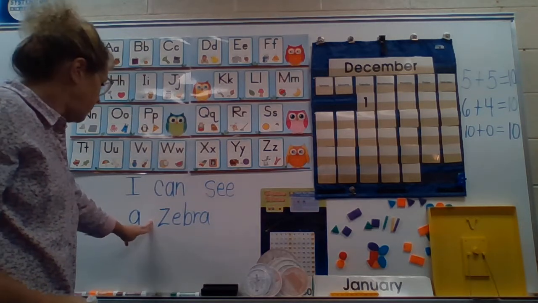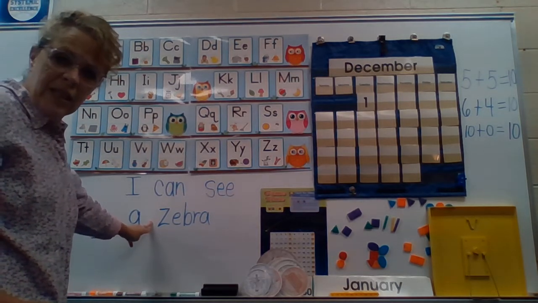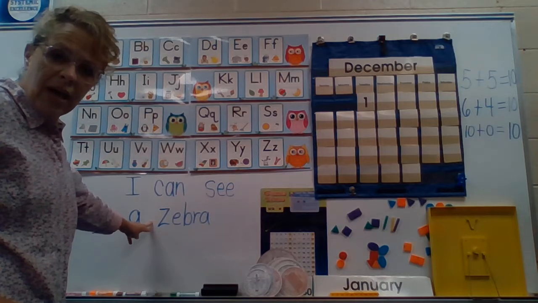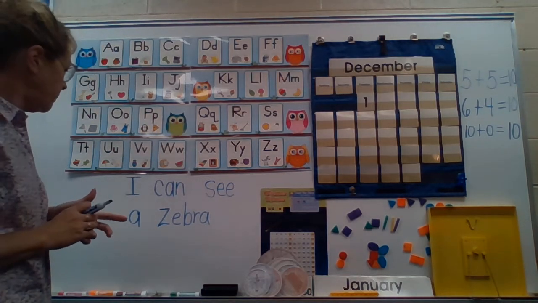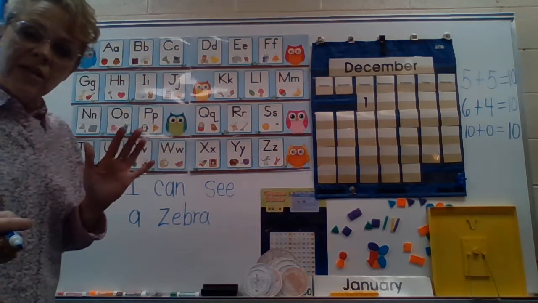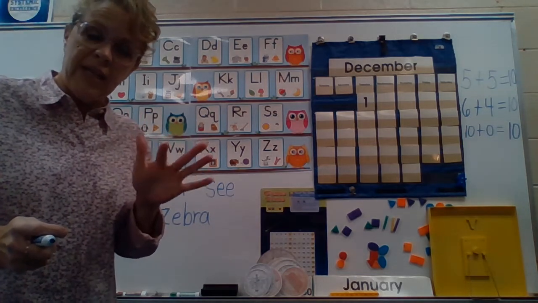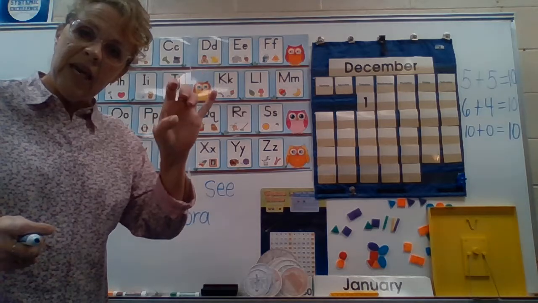Okay. Got zebra. Z-E-B-R-A, zebra. Right? Now let's check and see. Because it was 5 words that I said. I said, I can see a zebra.